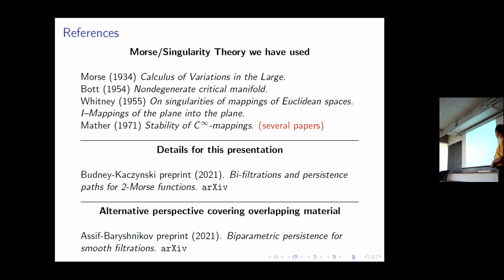Our paper came out, I guess, a year ago, and shortly after, there was this Asif and Baryshnikov preprint that popped up. It does sort of similar things, but I don't know them, so I'm not going to comment on their paper too much.